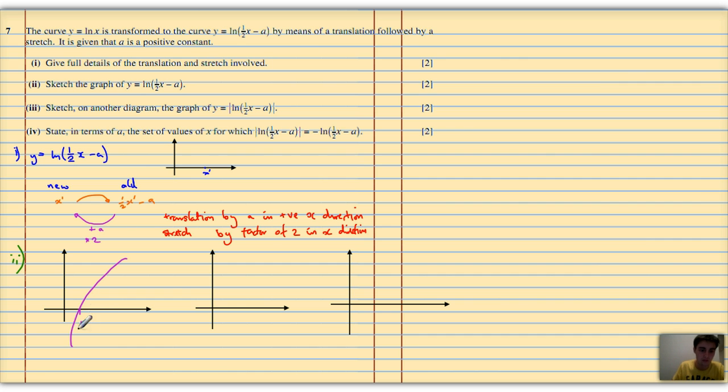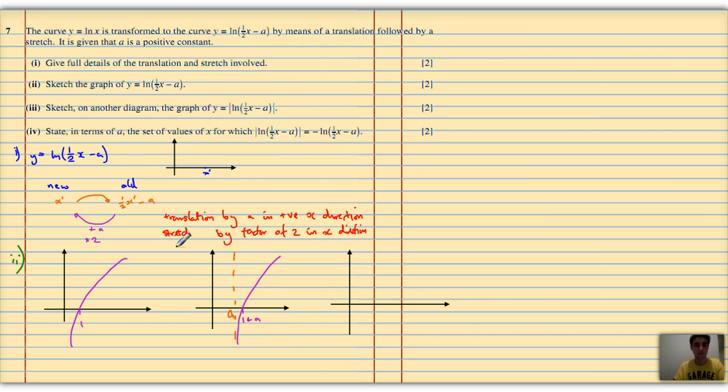That is 1 because ln of 1 is 0, and the asymptote is at x equals 0. The first transformation is a translation by a in the positive x direction. So everything is going to shift by a. It's going to look something like that, where that is 1 plus a, and the asymptote is a.